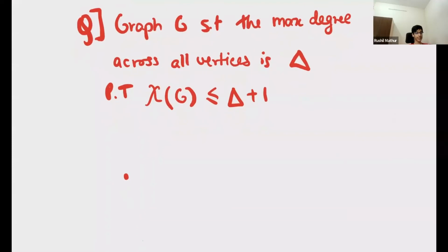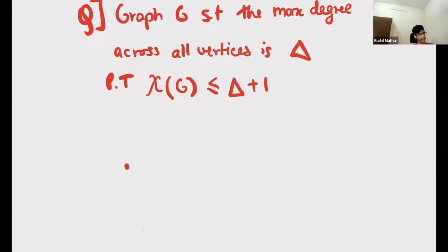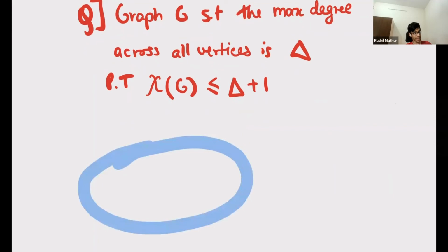Another way is something called a greedy algorithmic approach, or maybe not greedy, more like an inductive approach. Let's say I have colored the first k vertices so that what we want is satisfied. Now I'm trying to color the k plus 1th vertex.